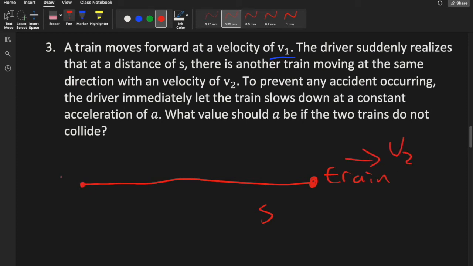And here, there's train 1 moving at a velocity of v1. So think about what would happen if the two trains collide with each other. How would you solve this problem?